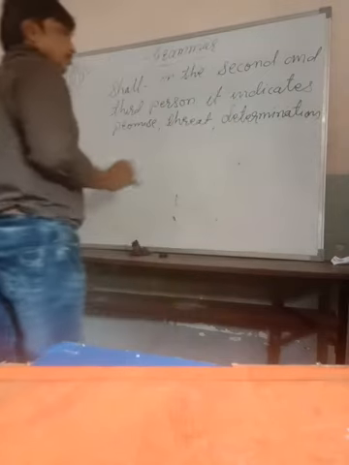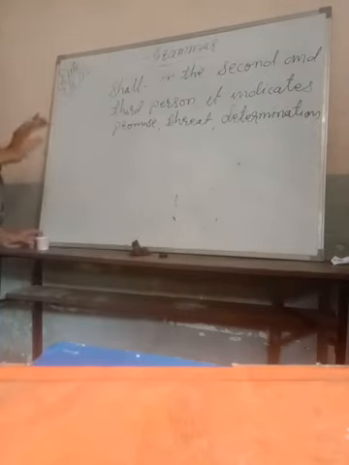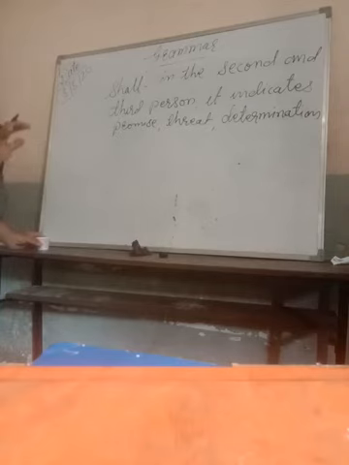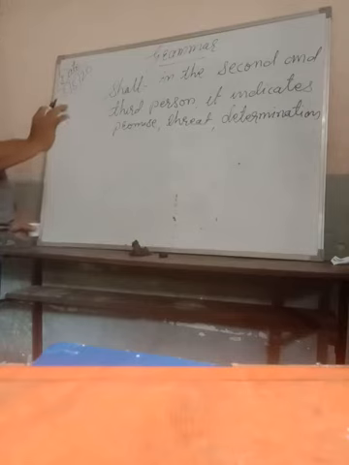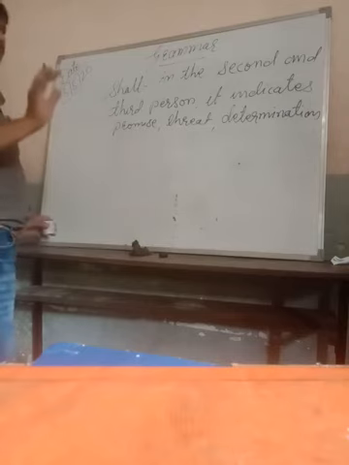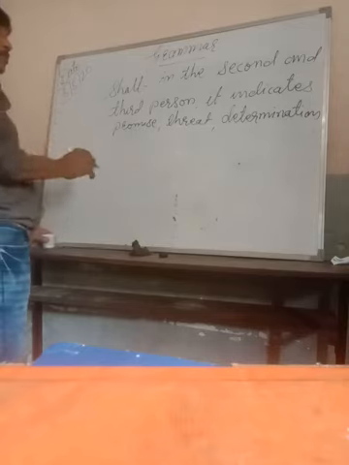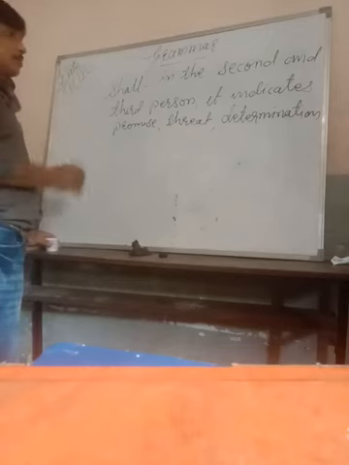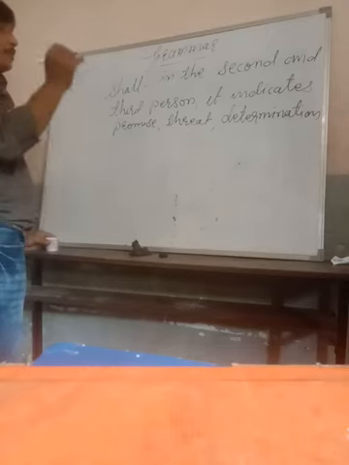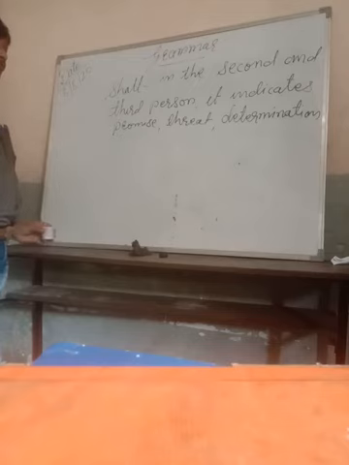Look now, the verb is same, the verb is shall, but when it comes with first person, it shows simple future action, but when it comes in the second and third person, it shows promise, threat and determination. We are going to see that through the examples now.